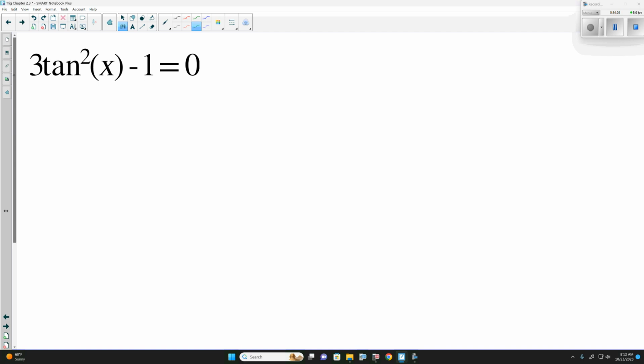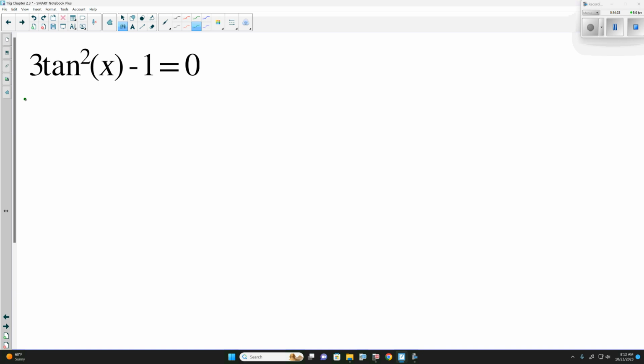Now this is where we're going to have to start using either our zero product property or other solving methods. Well, it might not be directly obvious for this one here, but we can use the square root method for solving.